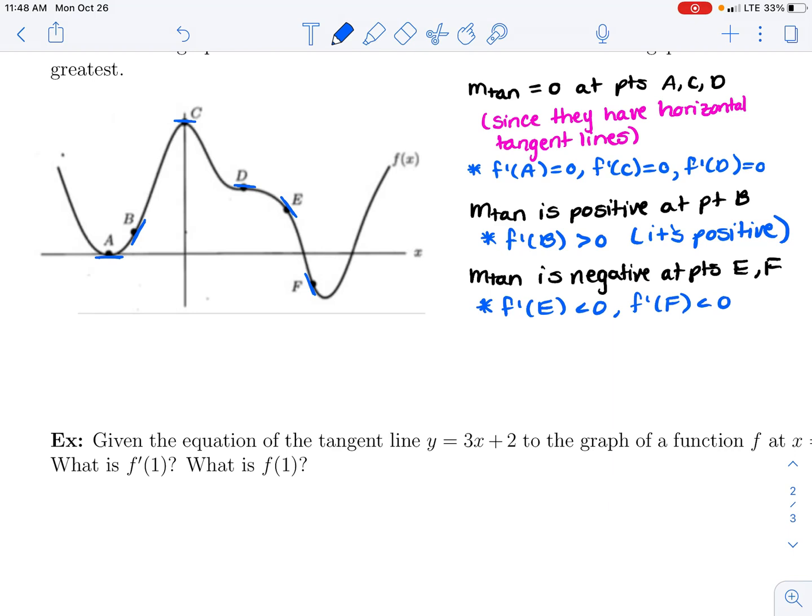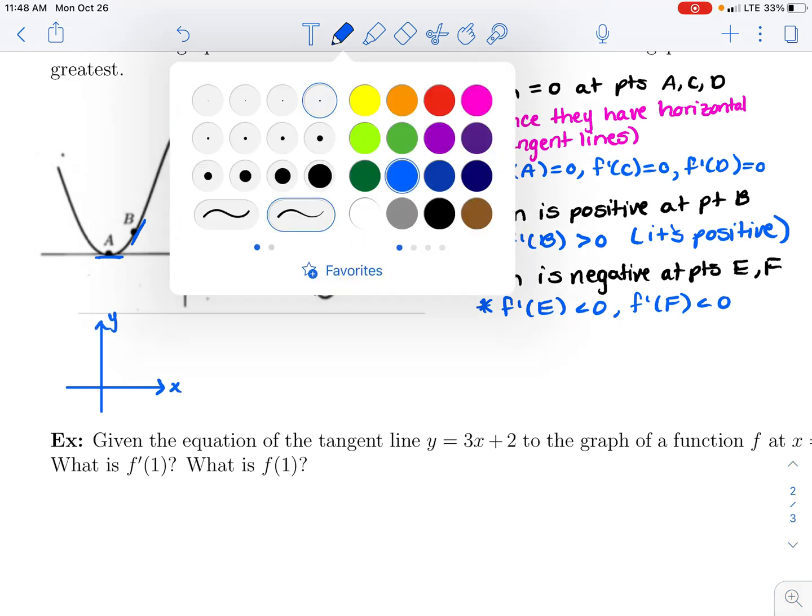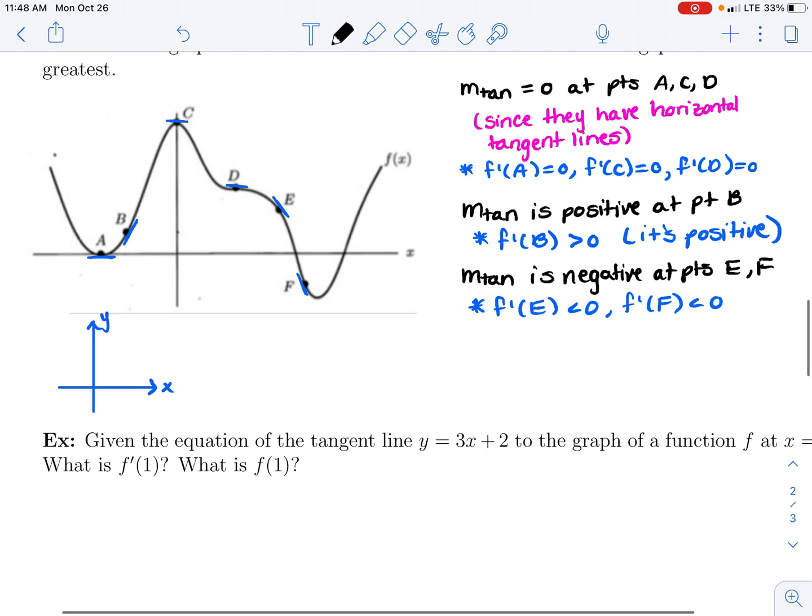So if you think of it like this, you have a graph again with your x and y axis, and say I graph y equals 1/2 x, and then I graph y equals 2x.